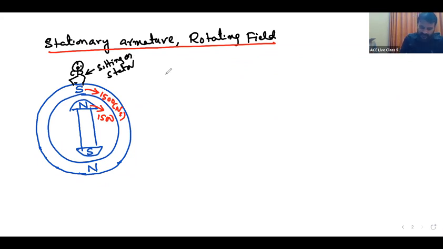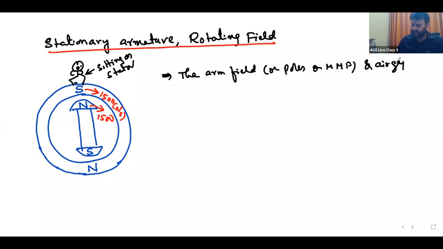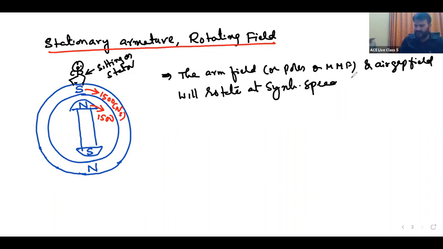Therefore, the conclusion is that the armature field poles or MMF, and the air gap MMF, the air gap field, will rotate at synchronous speed with respect to the stator.